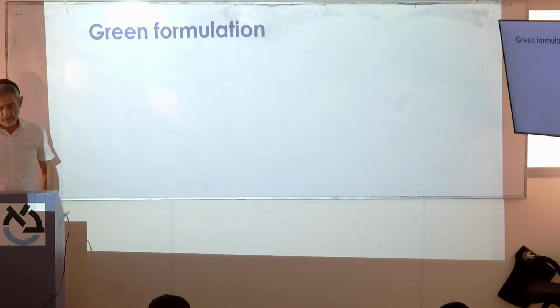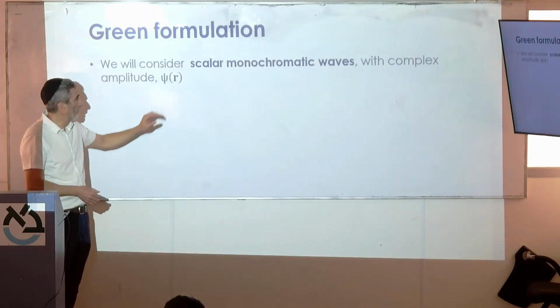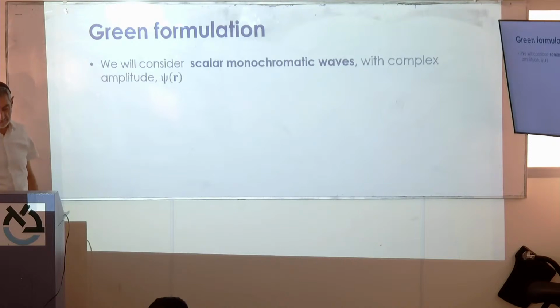So, the Green formulation. Let's take the simplest problem and consider scalar waves, monochromatic scalar waves. I take out the time dependence, and I have an amplitude which is complex, psi of r.